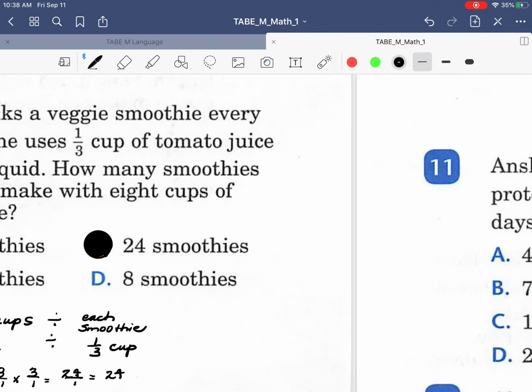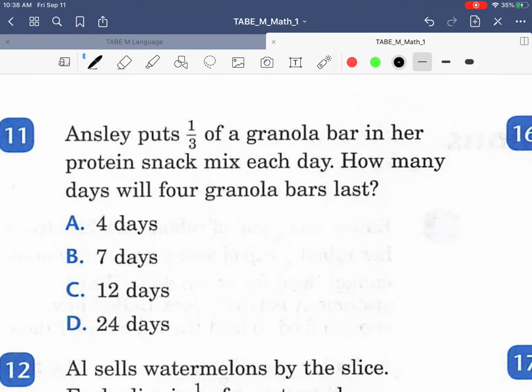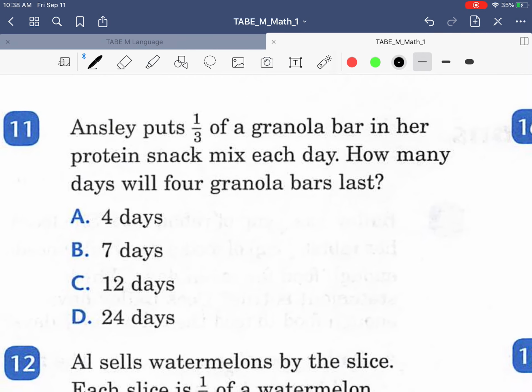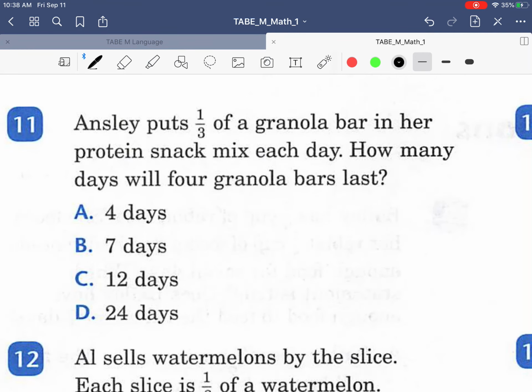Number 11. Ansley puts 1/3 of a granola bar in her protein snack mix each day. How many days will 4 granola bars last? So we want to know how many total bars she has. And we're dividing that up into each day.